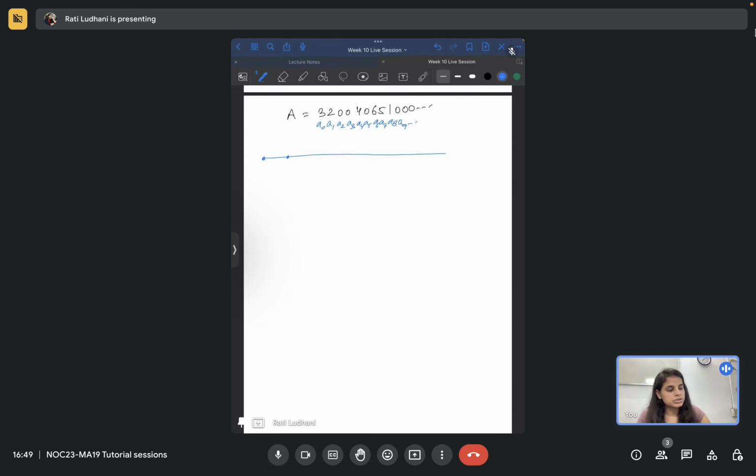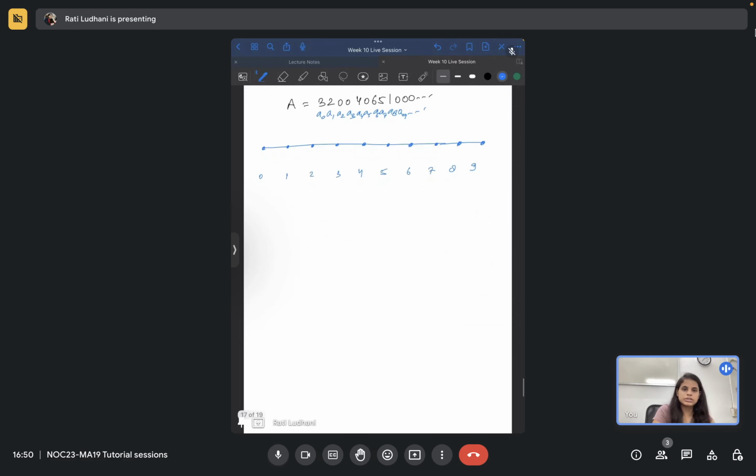Then you write the positions, 0, 1, 2, 3, 4, 5, 6, 7, 8, 9. You can go on, but that doesn't matter because anyway it is still 0.